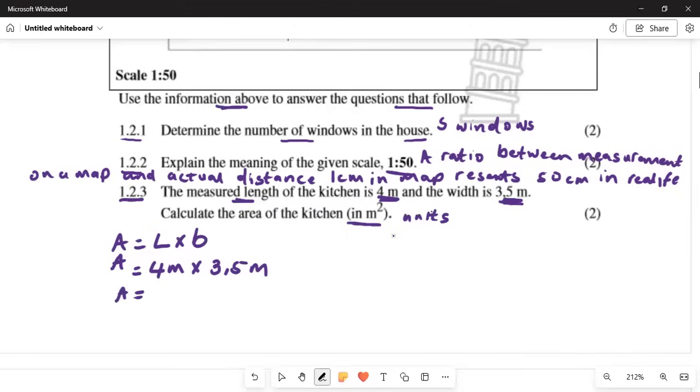When you punch the calculator, you find that the area is 14 meters squared. Then you have your answer.